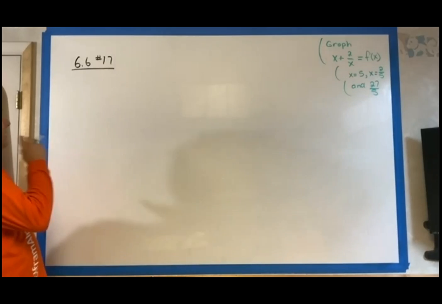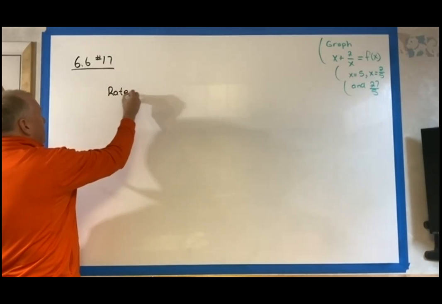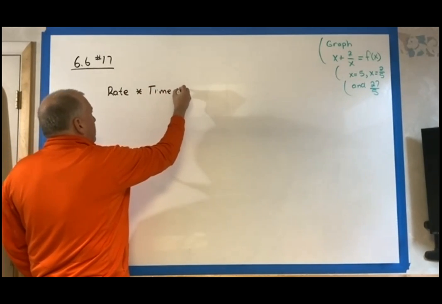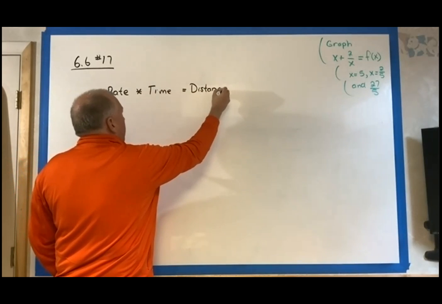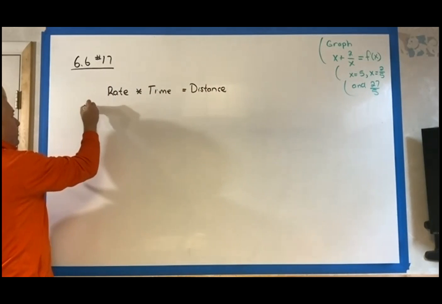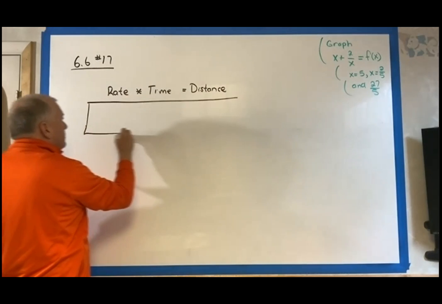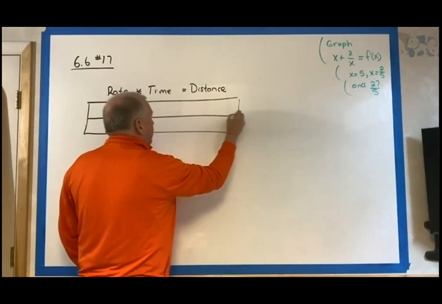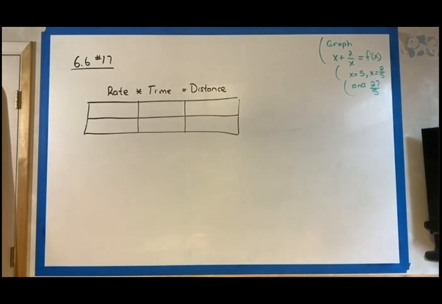So let's just assemble the chart we did: rate times time equals distance. And let's fill things in while we read the problem. There's a very rough sketch here. I'm not trying to do this super neat. So, tour bus going to and from Las Vegas.